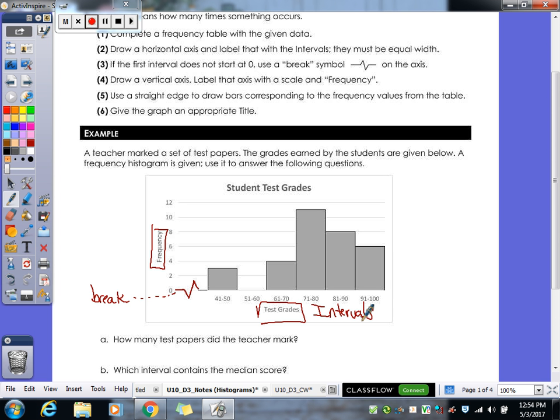Okay. So if I were to have a chart for this one, it would have intervals here and the word frequency here. And usually these are tally charts. So you'd have 41 to 50 and 51 to 60.